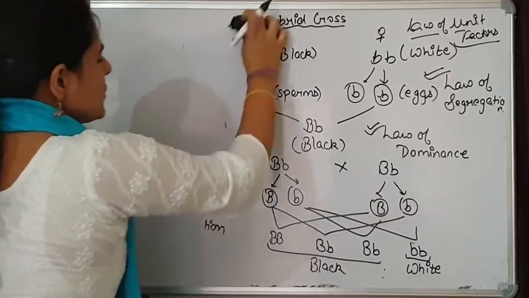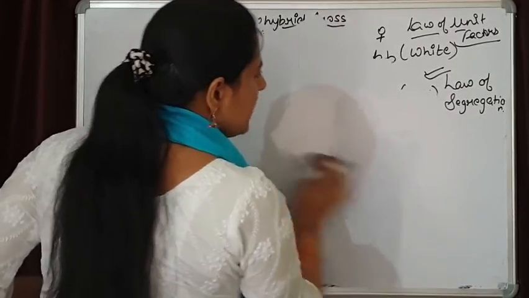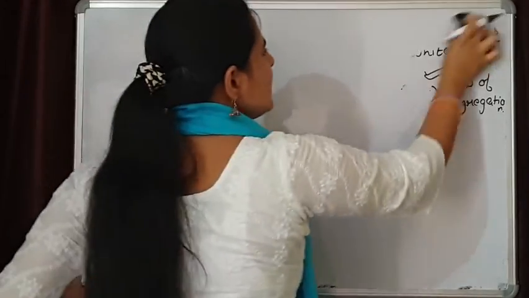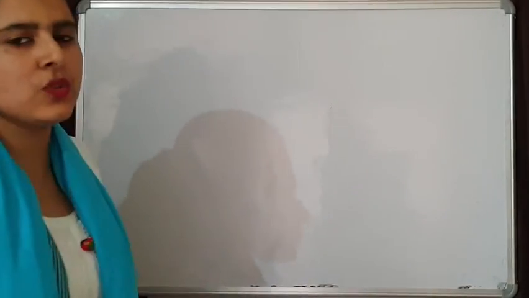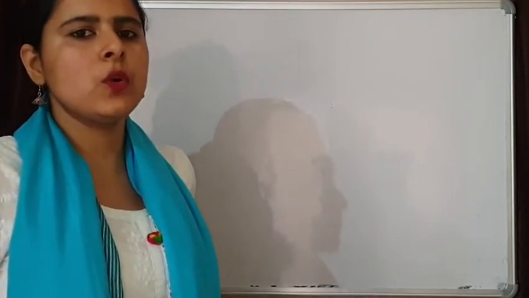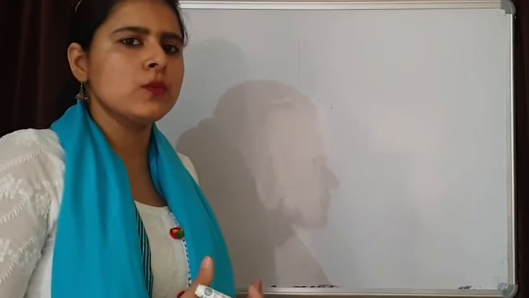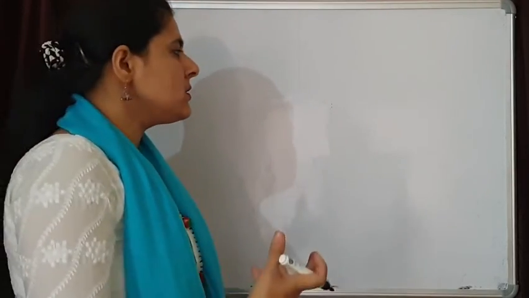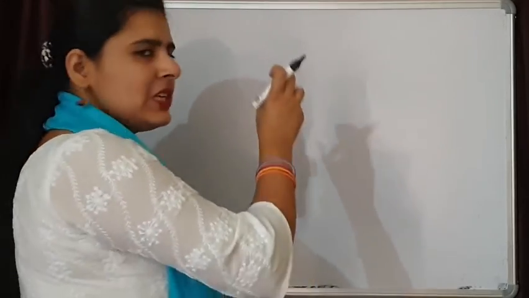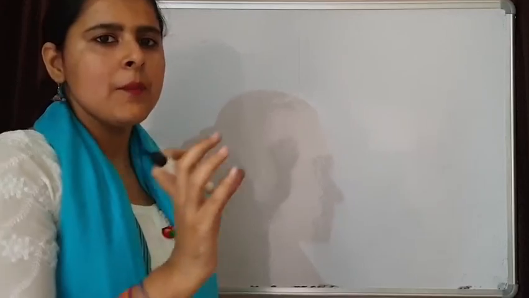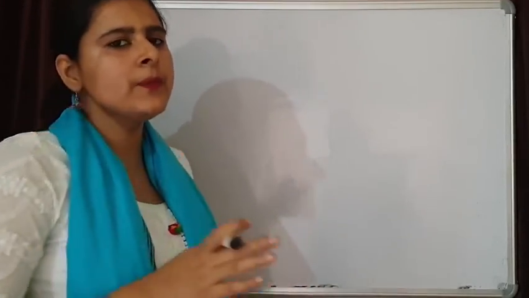Mendel was working in the 1900s, so we are not using names like genes and chromosomes, because at that time these things were not known. We did not know about the nucleus either, that chromosomes are present inside the nucleus, or that genes are inherited. Genes and factors are the same thing, but because at that moment of time they were not discovered, that's why we are using the term factors.